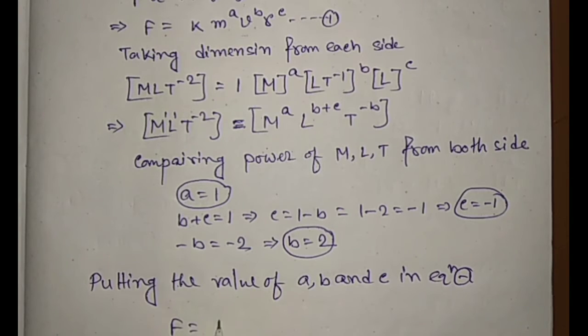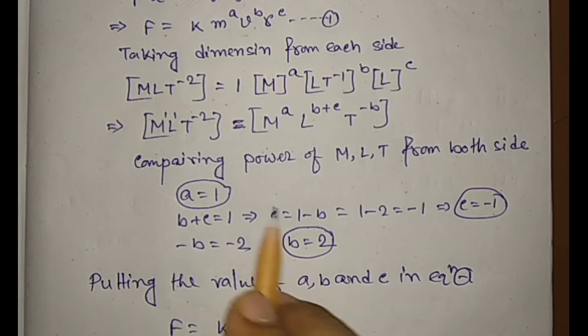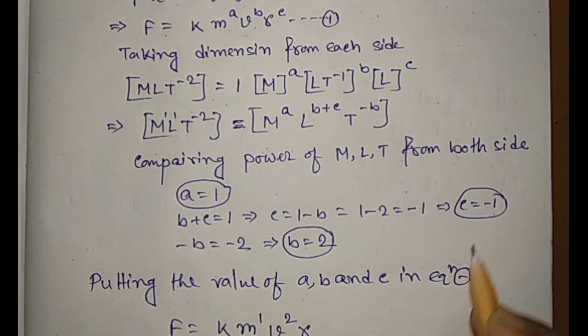F equals k m to the power a, that means 1, v to the power b, 2, r to the power c, minus 1, or F equals k m v square divided by r.